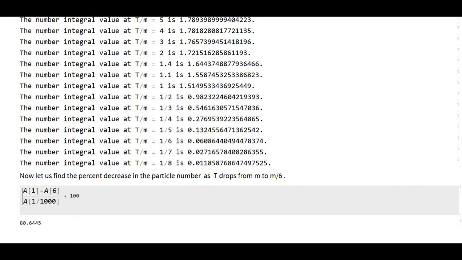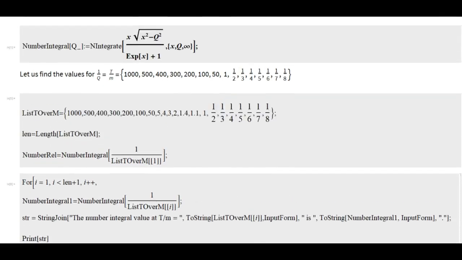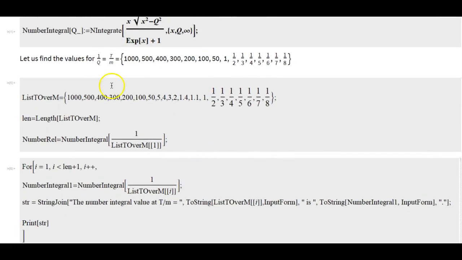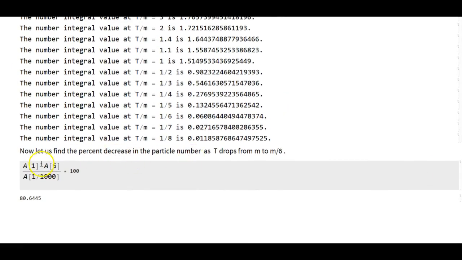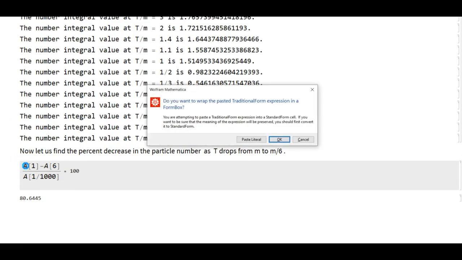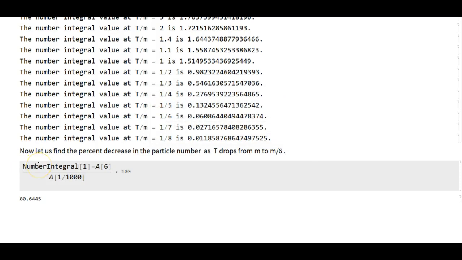And by the way, I changed the name of the integral. Previously, I had given it name A, but now I'm giving it a more meaningful name, number integral. So number integral, this is when temperature is equal to M minus when temperature is equal to M over 6, and then divided by the relativistic number multiplied by 100.